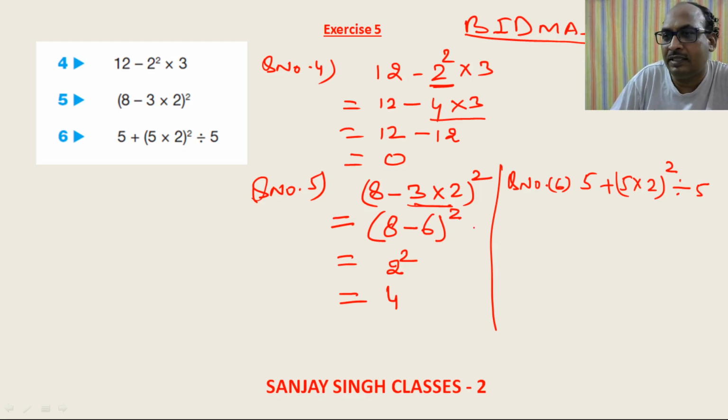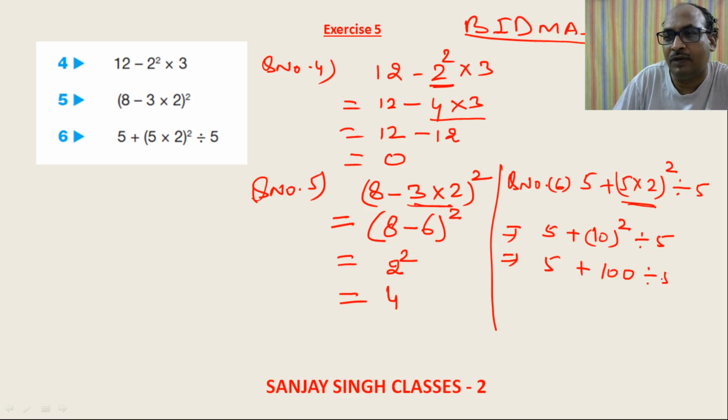Now in this case, what we need to do, 5 plus, so bracket part we need to solve first. So 5 into 2 will give us 10 square divided by 5. Right. Now further 5 plus, this 10 square will become 100, because we have to give preference to indices. So 10 square is 100 divided by 5.